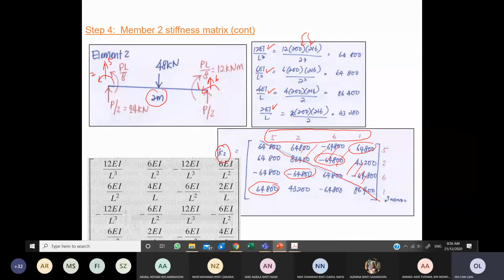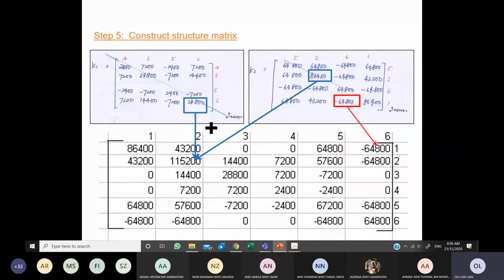Now I want to show you how to construct the structure matrix. I'm putting the member stiffness matrices K1, K2 here, and I have named the DOF numbers here. When I form the structure matrix, the size of this matrix will be my total number of DOF.